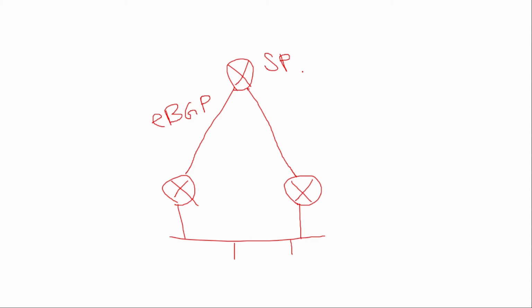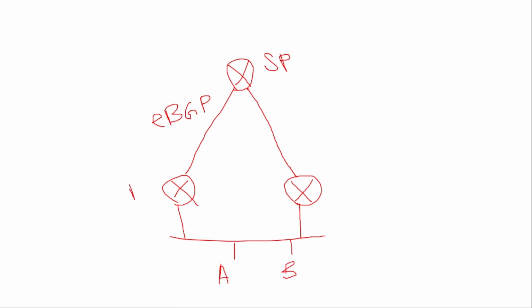Now the administrator has to do some configuration on these local routers on the site so that it can influence the service provider router to reach the particular local subnet. So let's say there's subnet A and another subnet called B. These are subnets to be advertised through BGP.